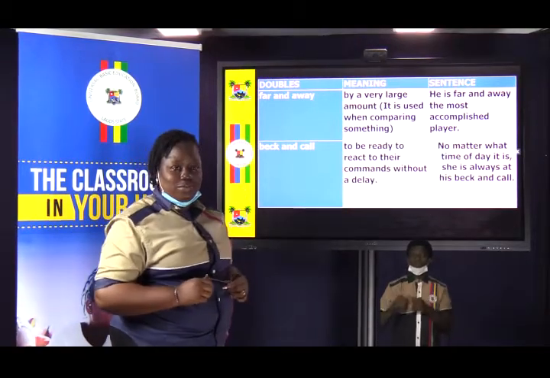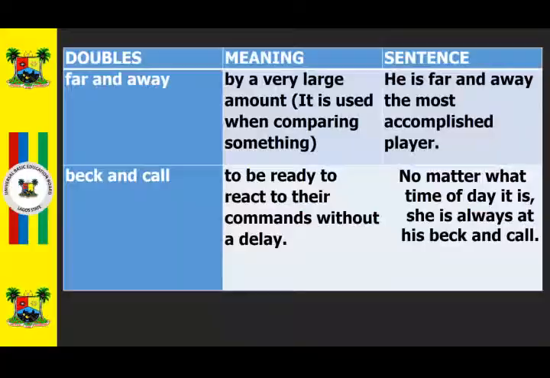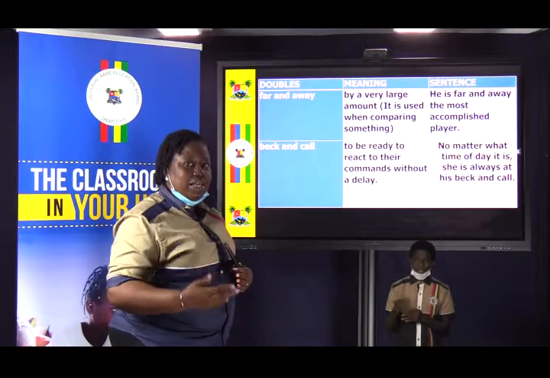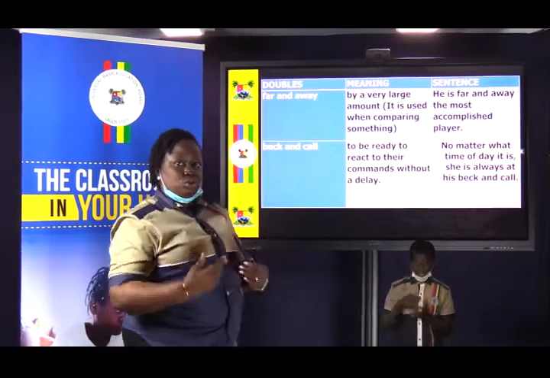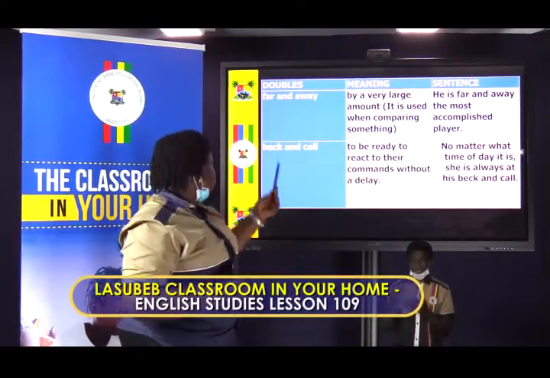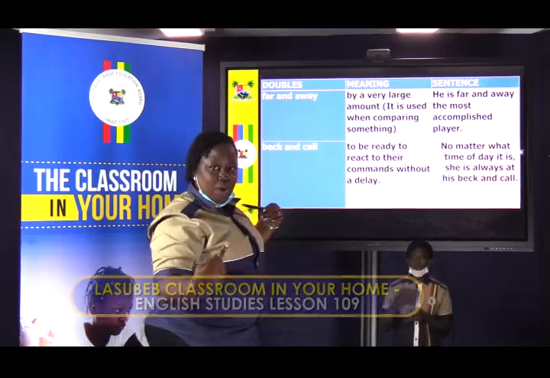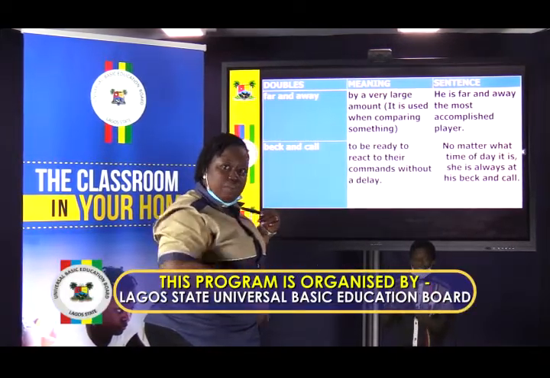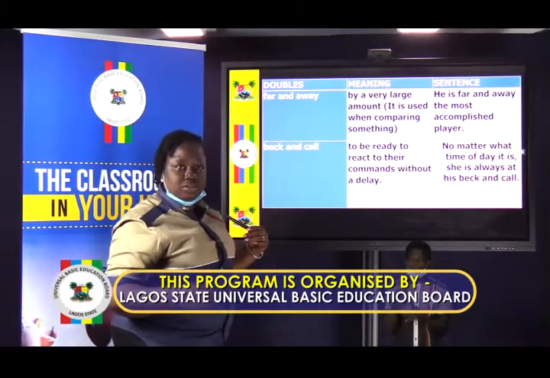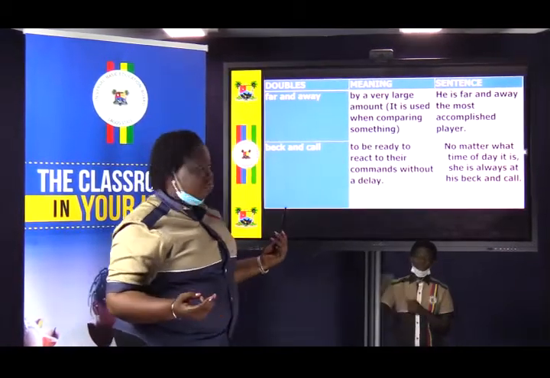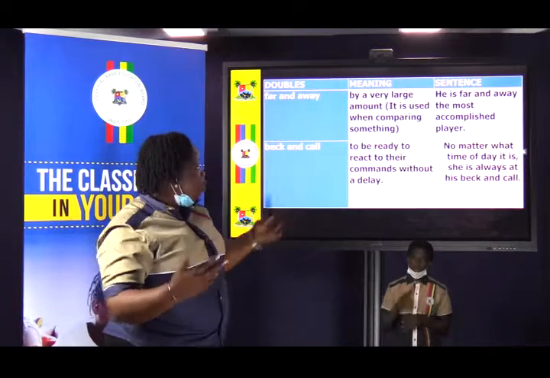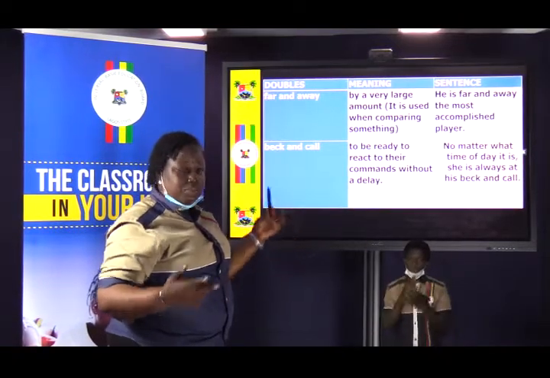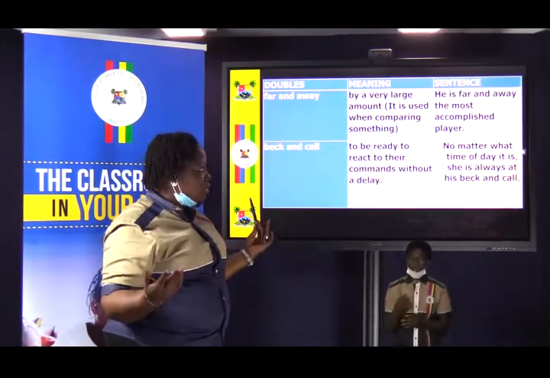Far and away. Far. What does it mean? When we say something is far, it is as close as saying it is away, not close to you. So, far and away are words formed by the repetition of the meaning of one of the words. We can use this when comparing something, and it means by a very large amount.